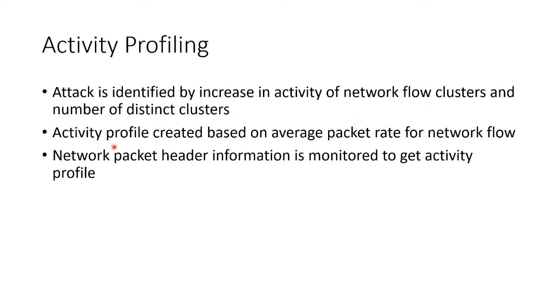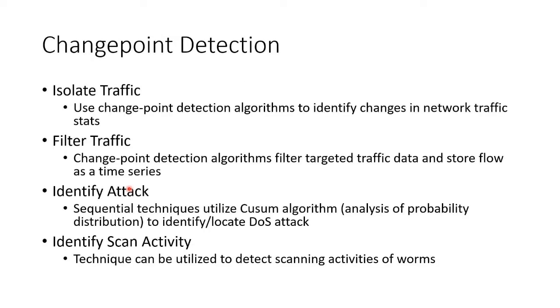So we'll create an activity profile based on the average packet rate for whatever that part of the network is. And we'll monitor network packet header information to get activity profiles. In other words, what's normal for different parts of the network.